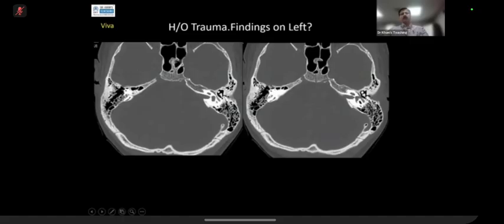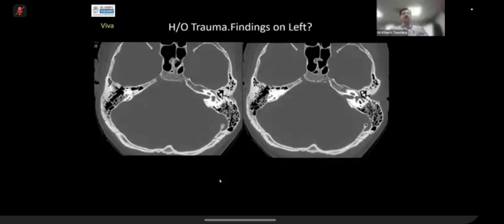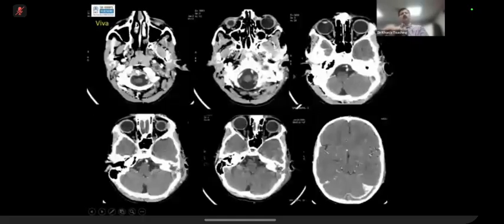Look at this example: what is your finding here, candidate 3? Ossicles wise, I think the malleus and the incus are dissociated. Yes. So incudomalleolar dislocation. Yeah.